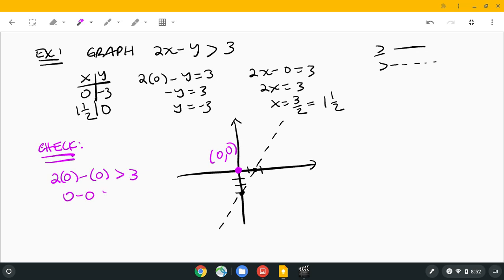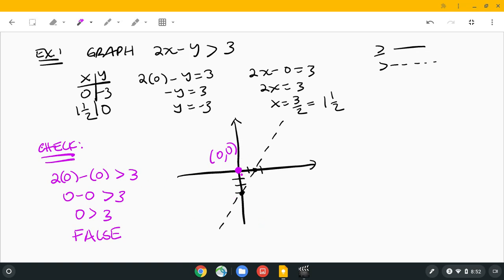0 minus 0 is greater than 3. 0 is greater than 3. Is 0 greater than 3? No. Good. This is false. So 0 is not larger than 3. This is false. Okay.